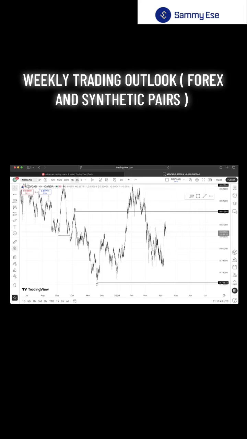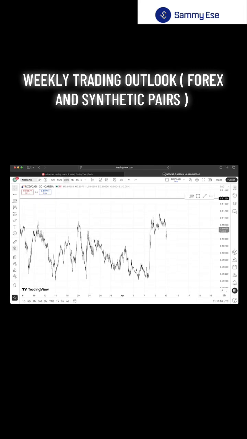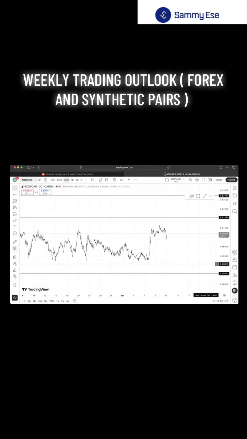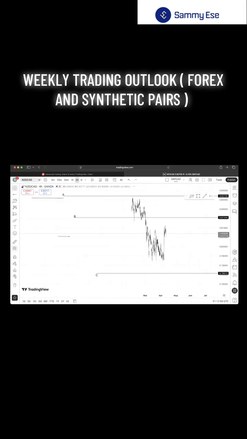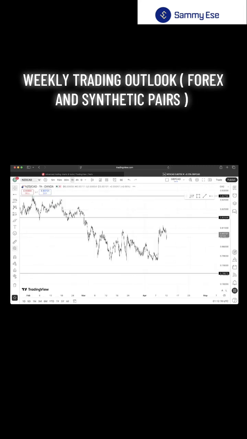We have to go to the 30 minute and 1 hour time frame to check for entries, and then we follow the trend. We already know that the trend is bearish because our strategy says that the price is selling and we have a target at C. Price is coming from here and our target is at C. So we go to the lower time frame and look for the same structure and then we execute.